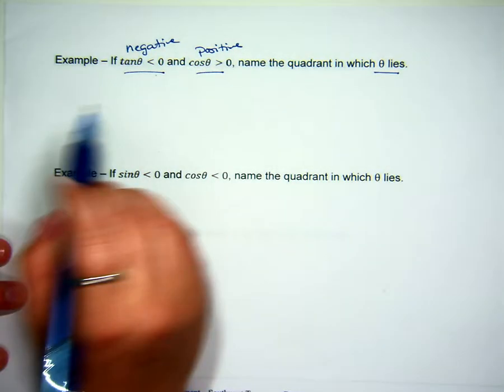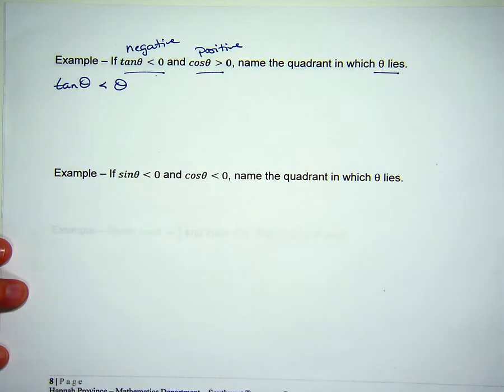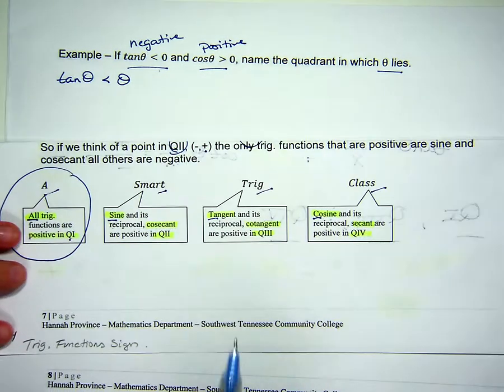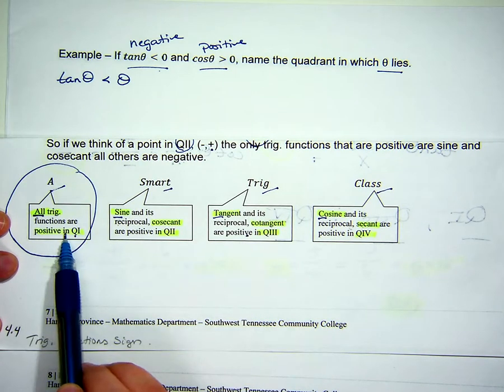So what it's saying is, where are both of these true? Well, where is tangent negative? Tangent is positive in Q1 and Q3, which means it must be negative in Q2 and Q4.